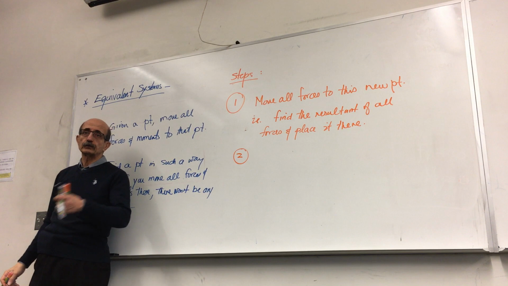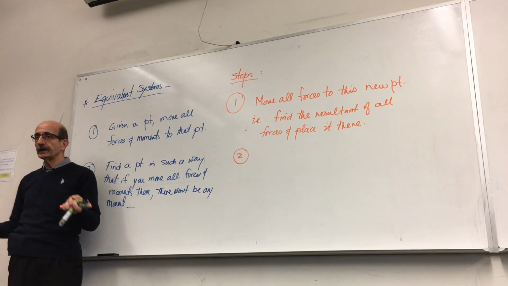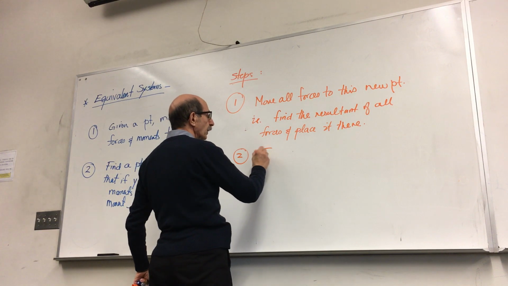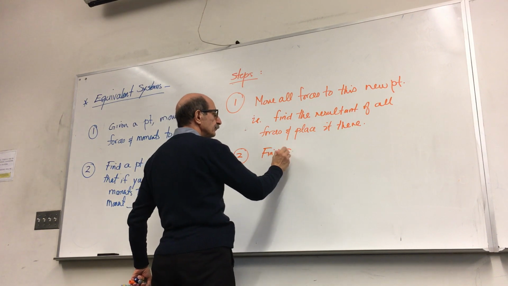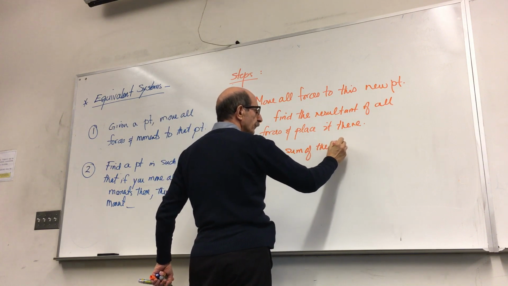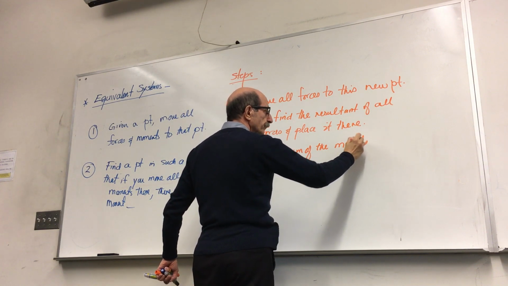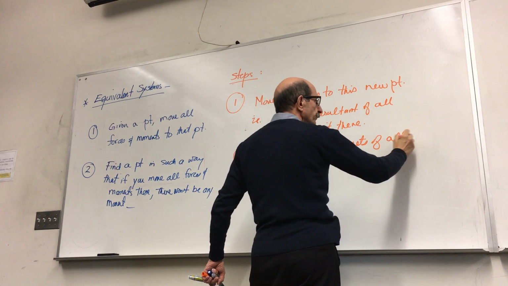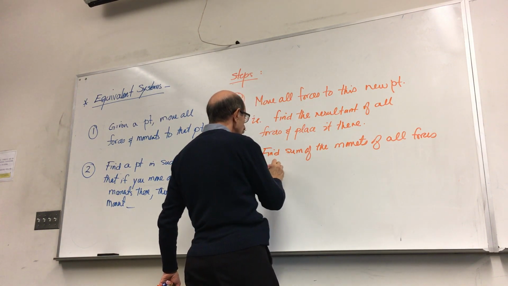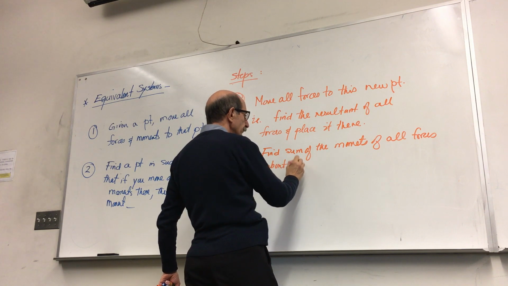When you move those forces to the new location, you pay a penalty. The penalty is that you need to find the sum of the moment or moments of all forces about this point.